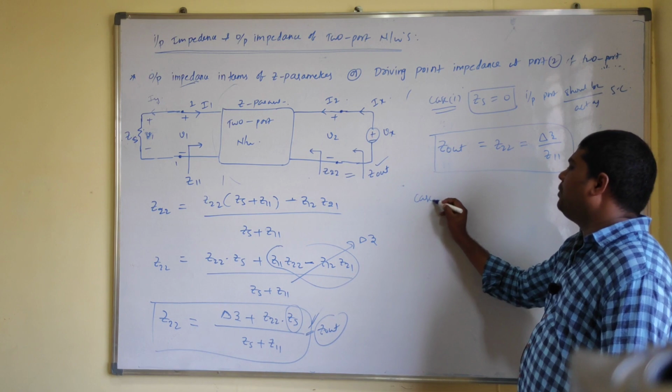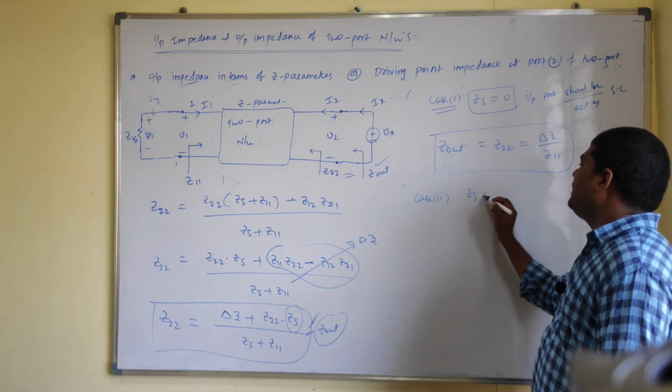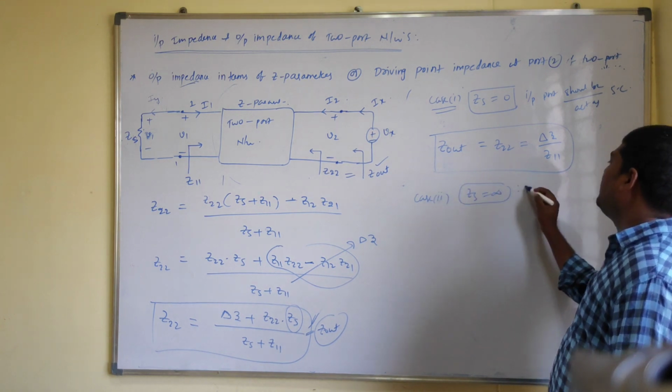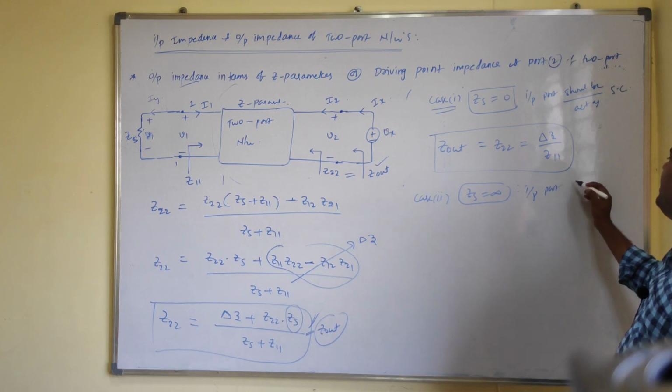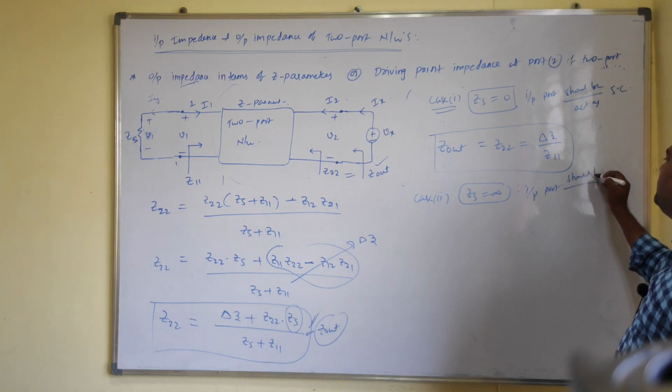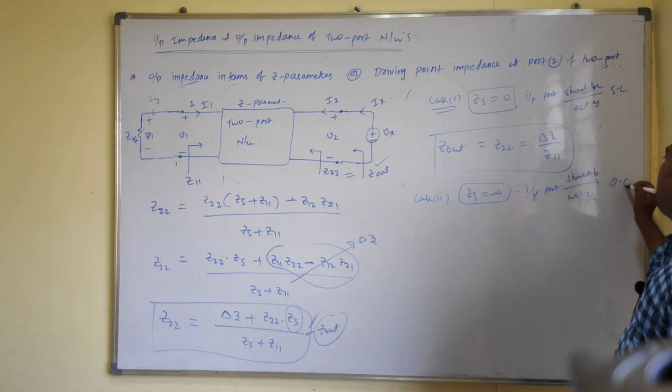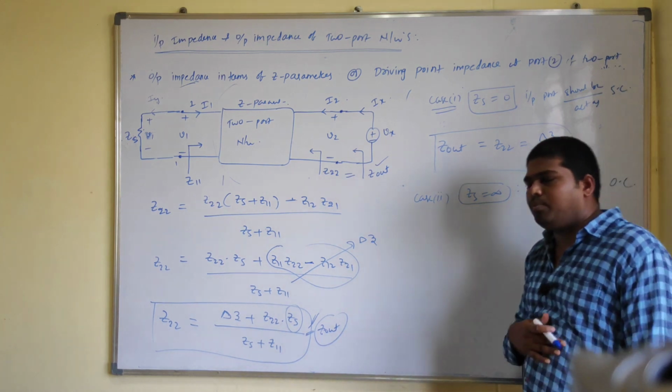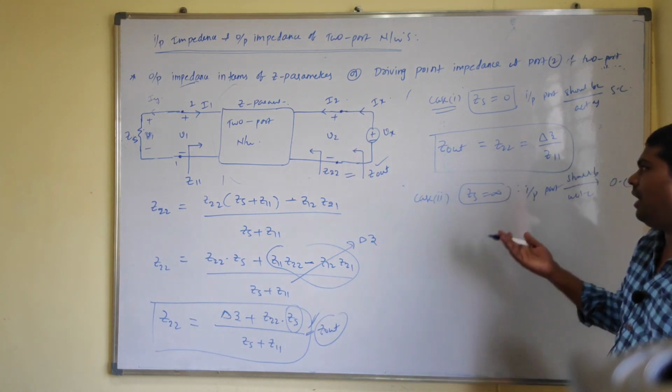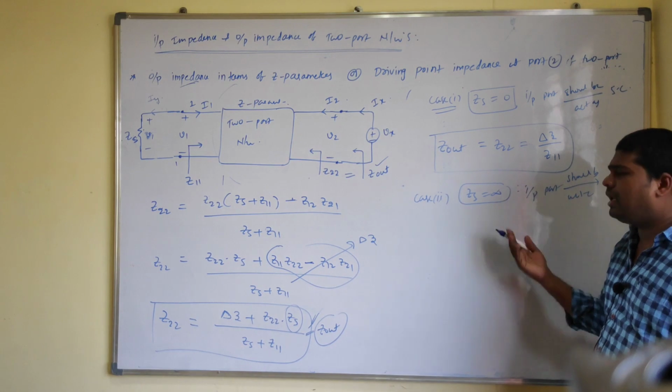For case 2, Zs equals infinite. That means what? The input port should act as an open circuit. If it is an open circuit at port 1, what about the Zs value? That equals infinite.